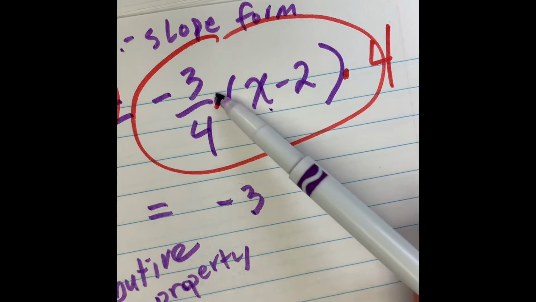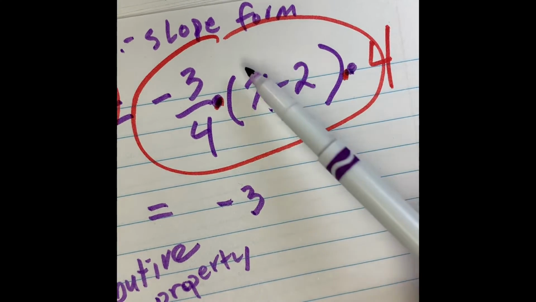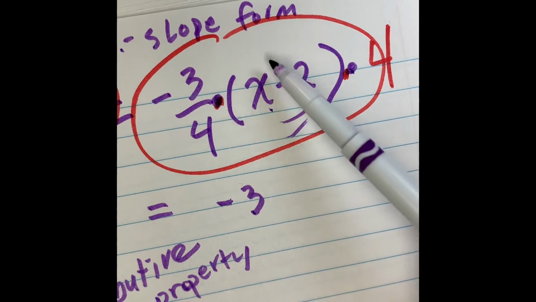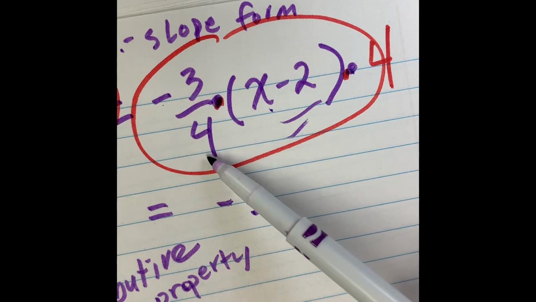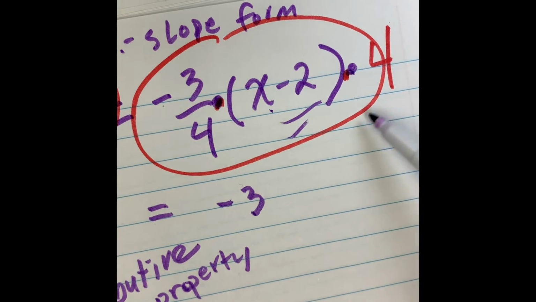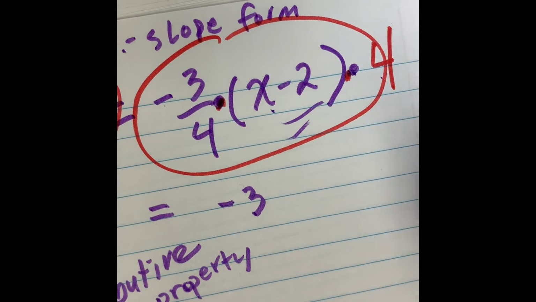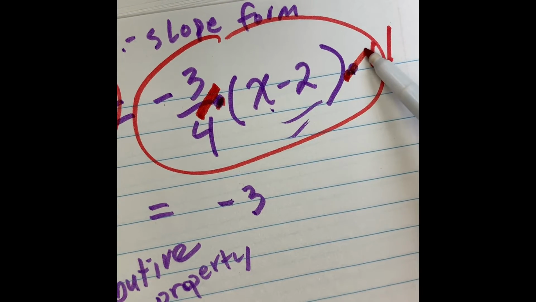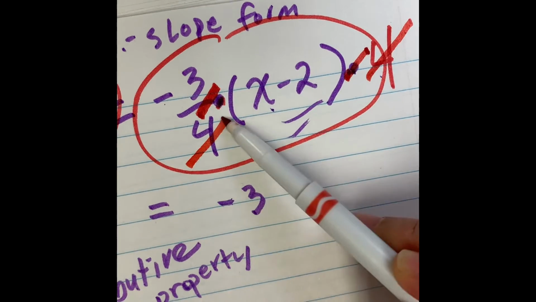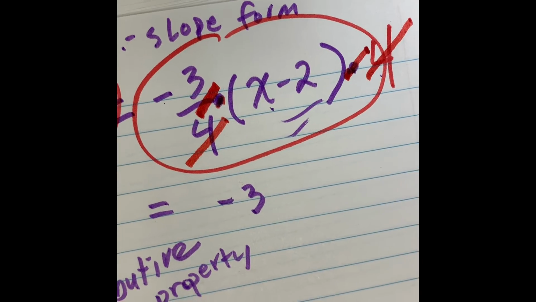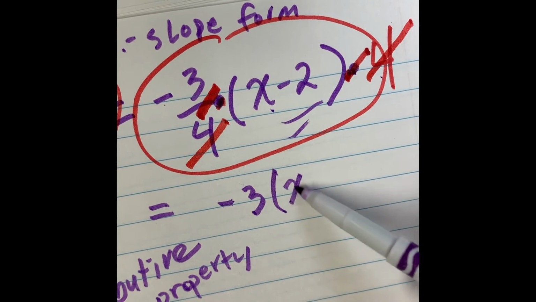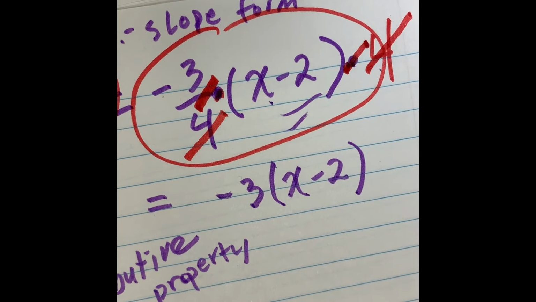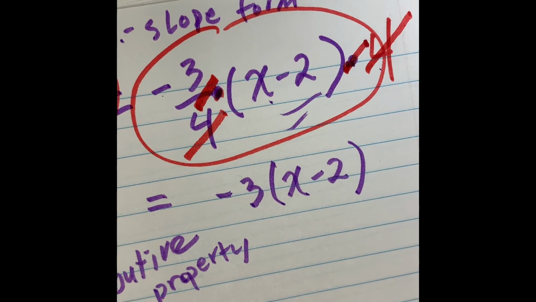So the whole thing, x minus 2 inside the parentheses, is multiplied by -3/4, and the whole thing is multiplied by 4. So guess what? We can cancel the division with the multiplication, right? So you have just -3 times (x minus 2). Thank you.